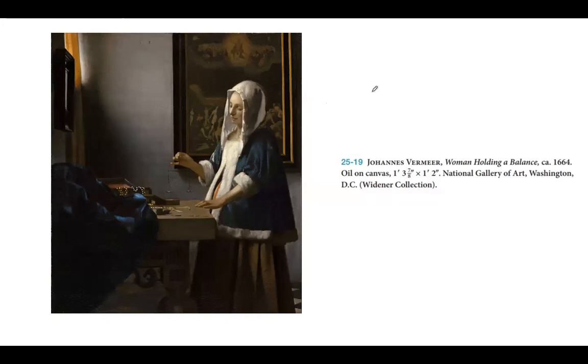The balance is to show that you need to live your life virtuously in a way so that you can balance out your sin. And that's to be shown by all these worldly accoutrements on the table, and she's standing in front of a painting of the Last Judgment here. This is when Jesus shows up, says these guys are good and these guys are bad, and she's right in the middle of it, so on purpose.